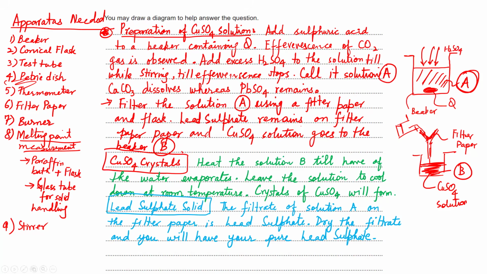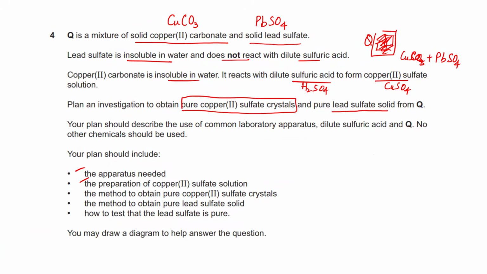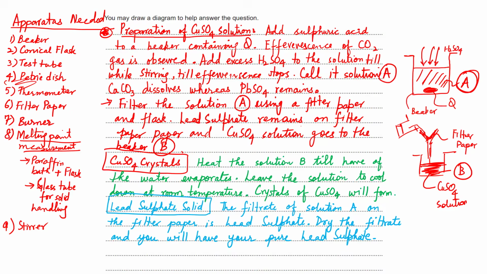Okay, this is how it goes. Then, what else is remaining? So we have to obtain crystals, done. Method to obtain lead sulfate, done. Test purity of lead sulfate. So remember, checking the melting point of lead sulfate is a way to check the purity.